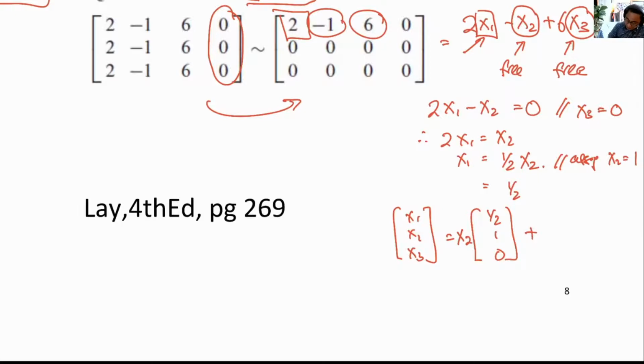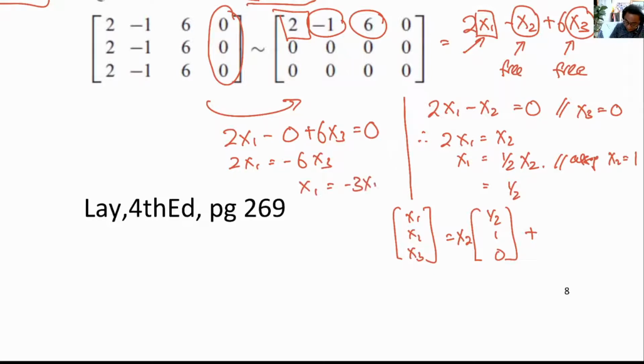And now we add the second solution, where we again have 2x1, and now we assign 0 to x2, and plus 6x3 equals 0. And now we solve 2x1 equals minus 6x3, and therefore x1 equals minus 3x3.